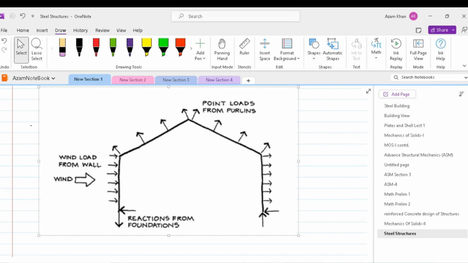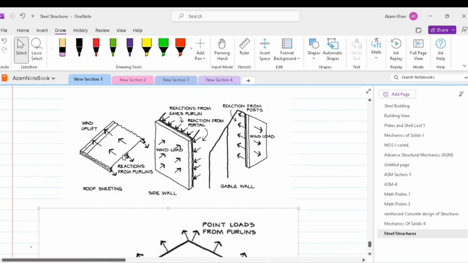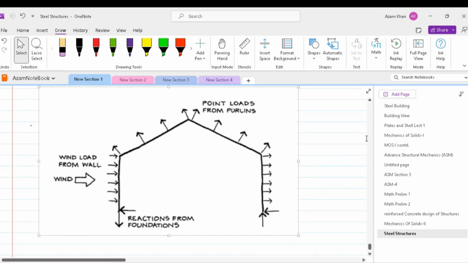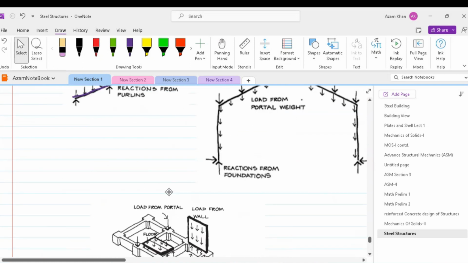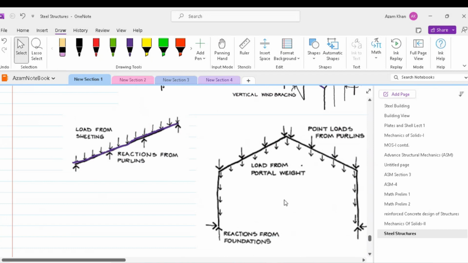Thus, we can say that the loads on the intermediate portals are due to the reaction of the purlins and the sidewalls. These loads due to wind can be added to the self-weight of the structure. And finally, we will get the overall load on the portal frame.